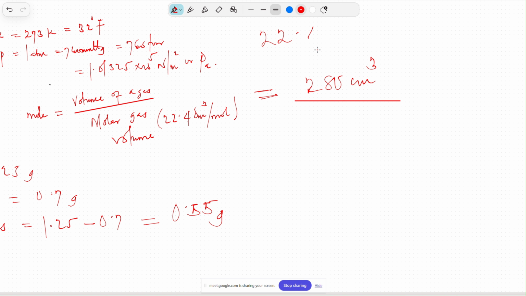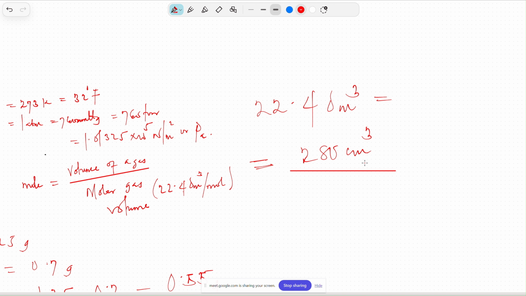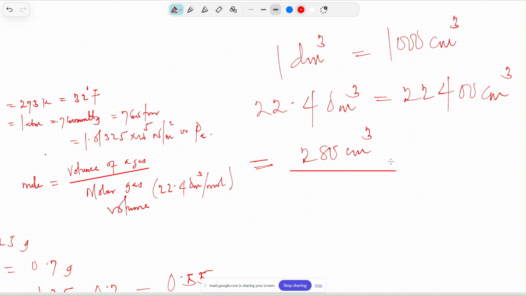So 22.4 dm cube will be equal to 22,400 centimeter cube. The reason is that 1 decimeter cube is equal to 1000 centimeter cube. So you simply multiply this value by 1000, and you have 22400.